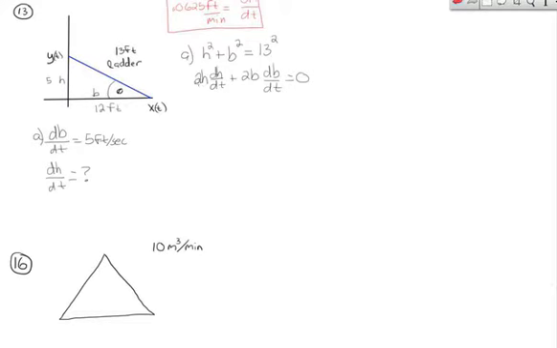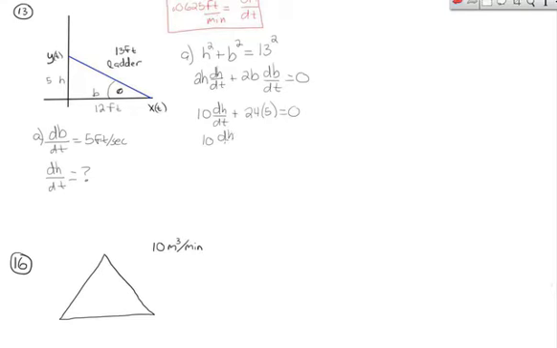Alright, so now I can plug in 2 times 5, so I've got 10 dH dt plus 2 times b, which is 24, times dB dt, so I've got plus 24 times 5 equals 0. So 5 times 24 is going to be 120, I believe.